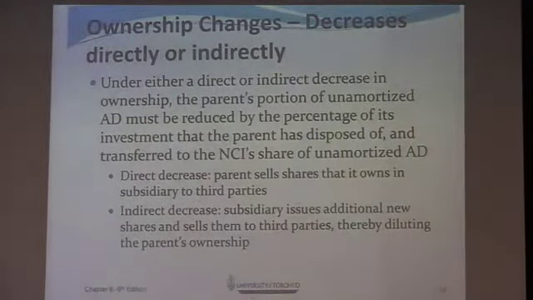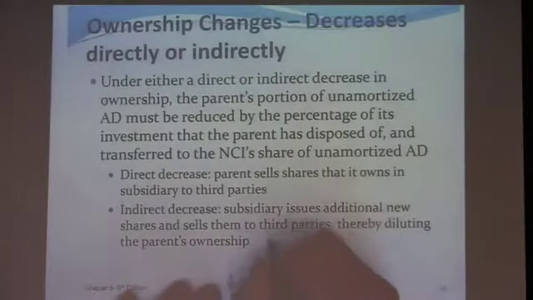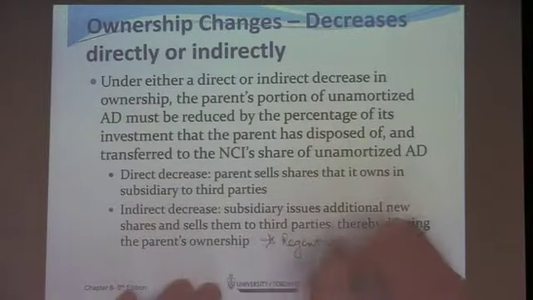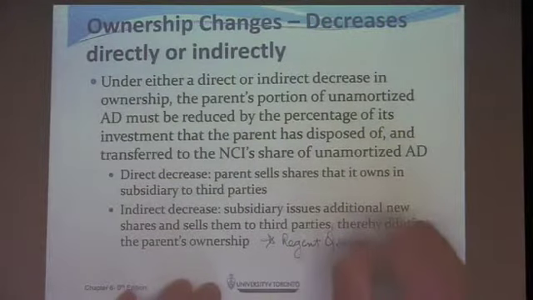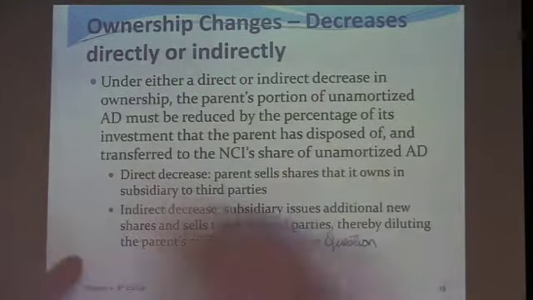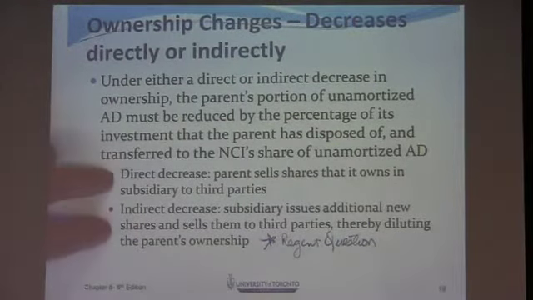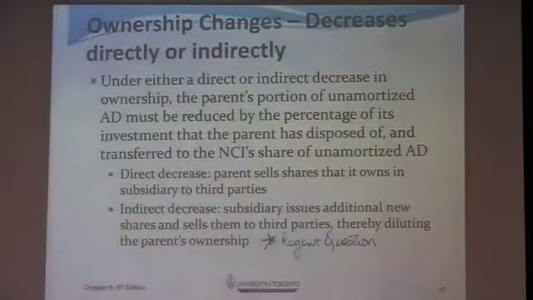This is really the Regent question, and it's the one that we're going to focus on. But it should be no different whether it's a direct decrease where the parent sold, or whether Argyle issued shares in which the parent did not participate.